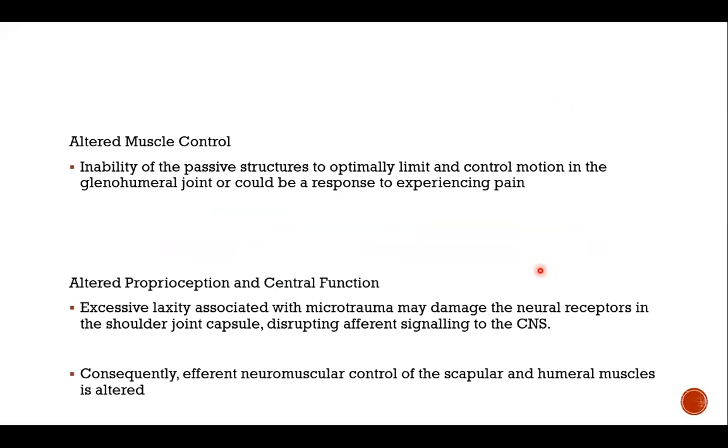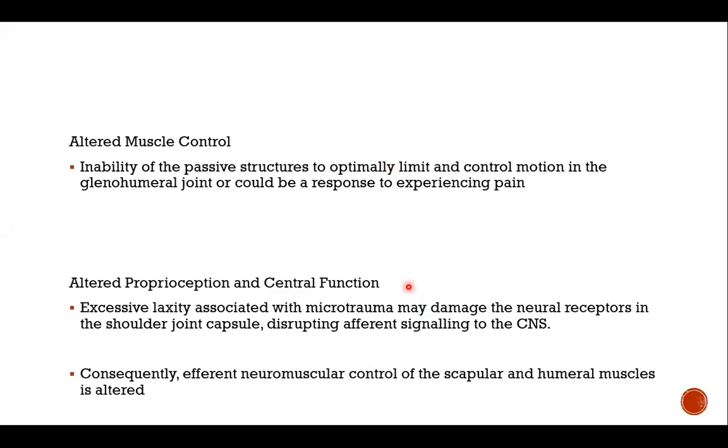The other two important factors are altered muscle control and altered proprioception and central friction. Altered muscle control is the inability of the passive structures to optimally limit and control motion of the joint. This could be due to pain, when the pain decreases the motor discharge and reduces voluntary contractions, leading to altered muscle control.